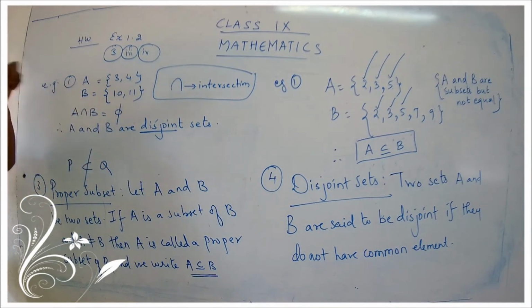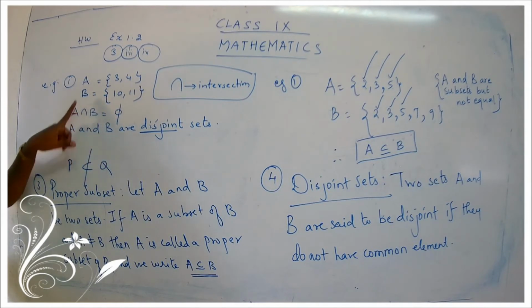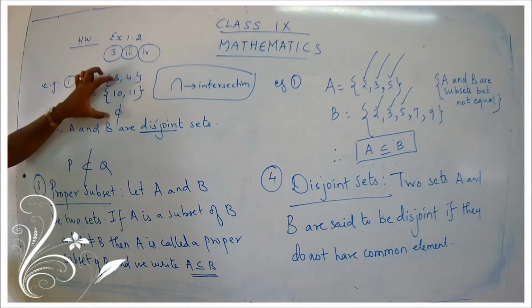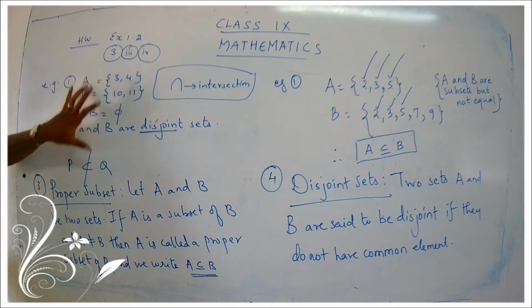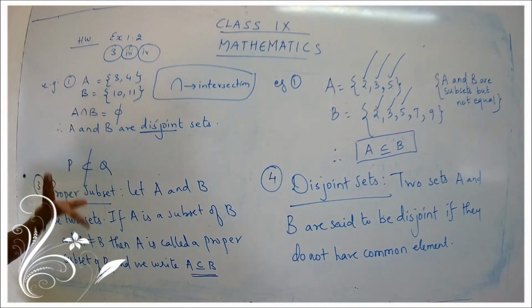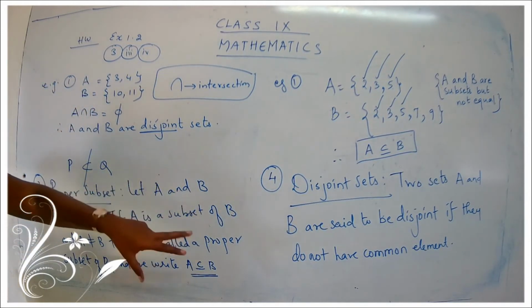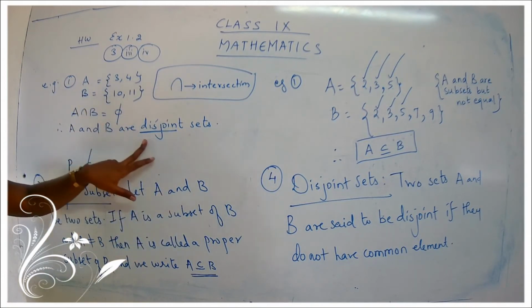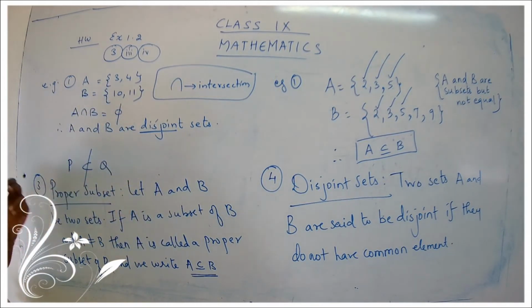A empty set. So A intersection B is empty when there is nothing common between A and B. Listen to the statement, clear children? When you have no common element, you say they are disjoint sets.